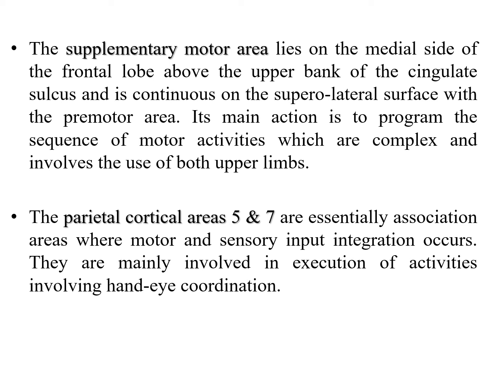Hence, they are mainly involved in the execution of activities involving hand-eye coordination. Like you want to take a catch. So the ball is moving towards you. You take your hand up and catch the ball. That requires hand-eye coordination, and that is executed by these parietal cortical areas 5 and 7.